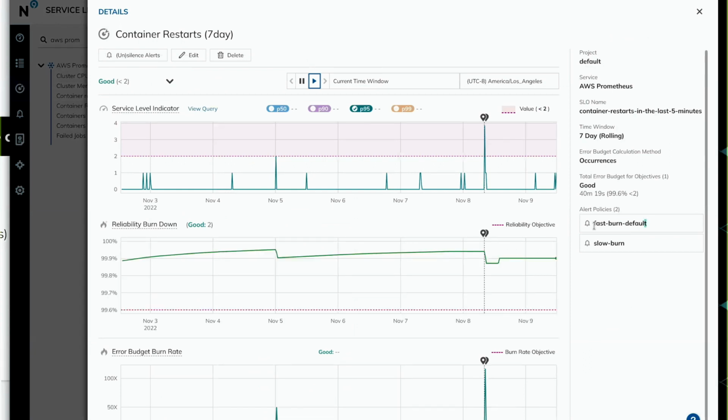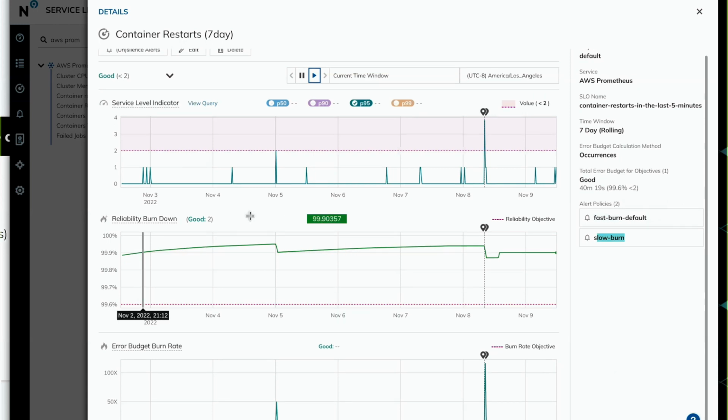So here we have two different policies: the fast burn and our slow burn. For most of these, we're using a slow burn as a warning, and then a fast burn for our alerts.